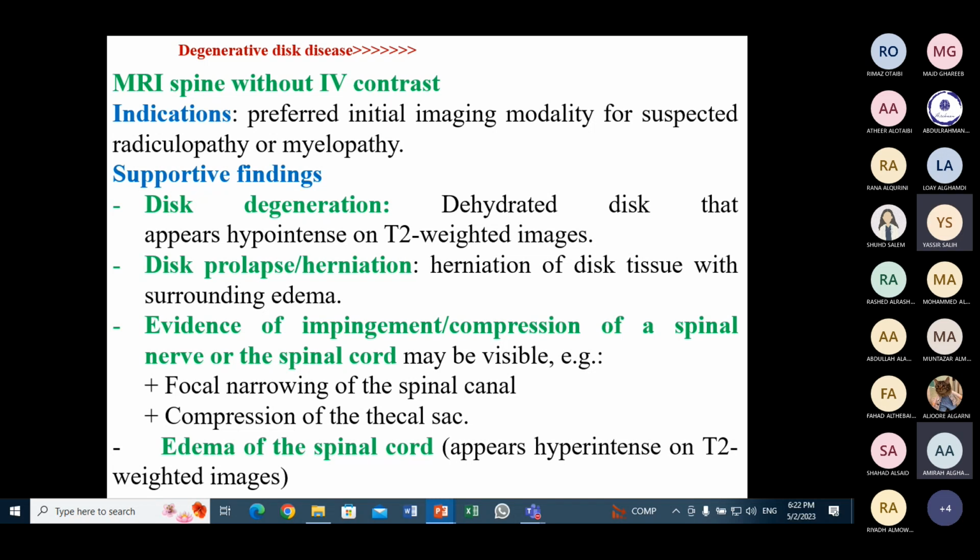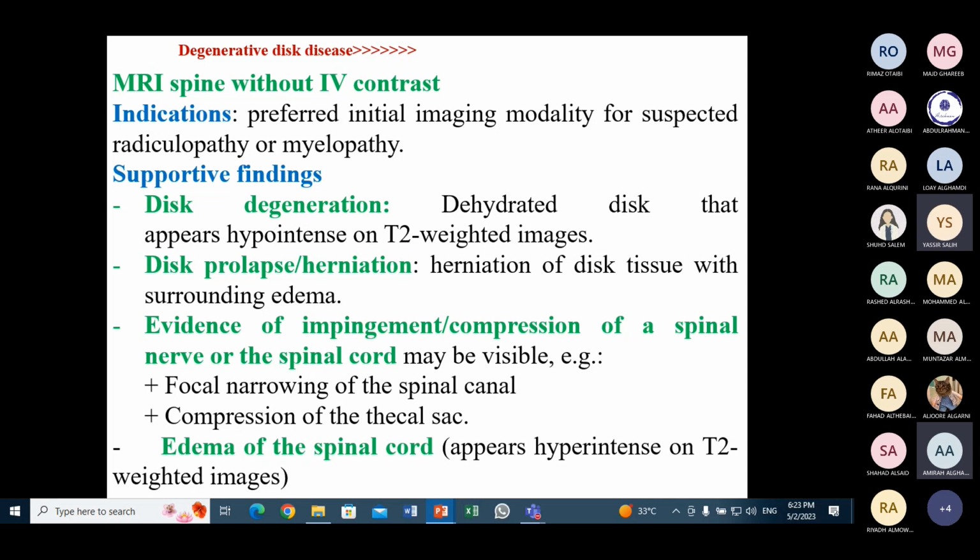طيب to assess the degenerative disc disease نحن زي ما قلنا هنعمل MRI، هنعمل X-ray، بنلقى الساينس اللي هي disc space narrowing وend plate sclerosis والأوستيوفايت. طيب MRI spine without contrast can be done.